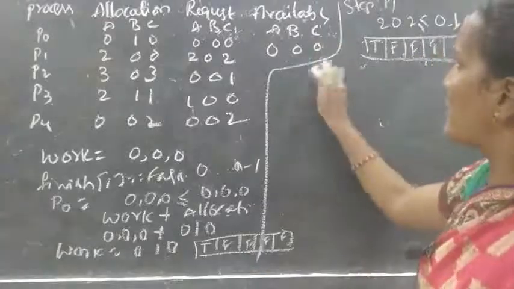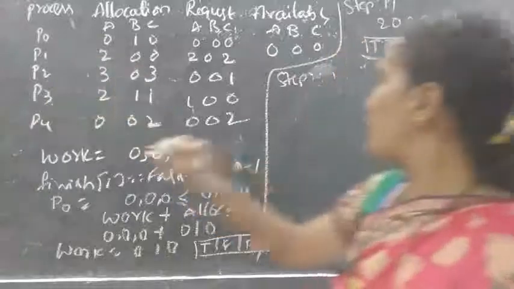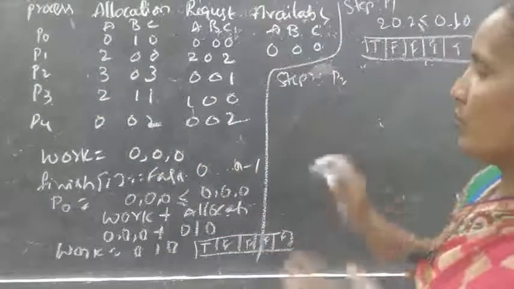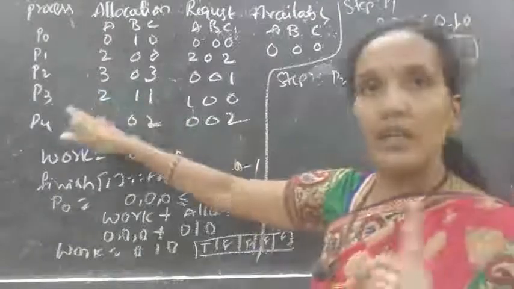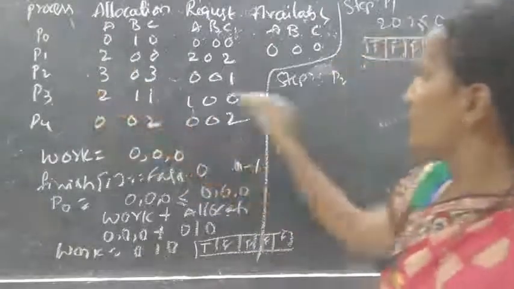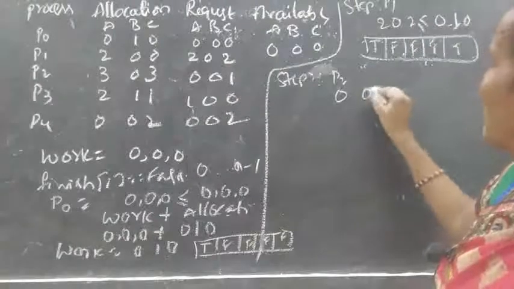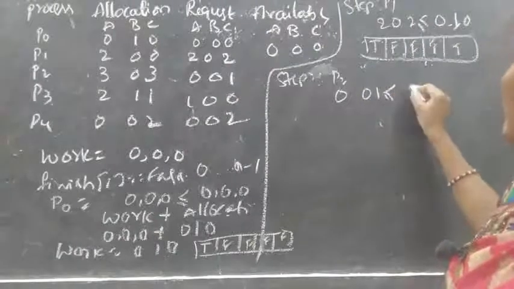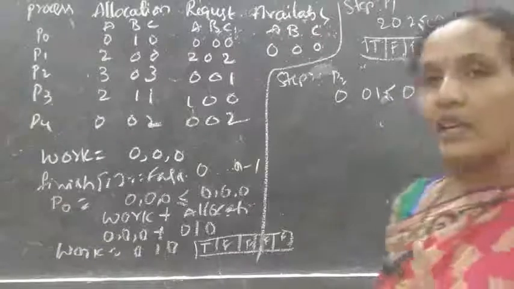Now in step 3, we are checking the next process, P2. P2 has not completed execution, so the condition is true. If the condition is true, then we see the request. The request is 0, 0, 1, which is less than 0, 1, 0. The condition is true.